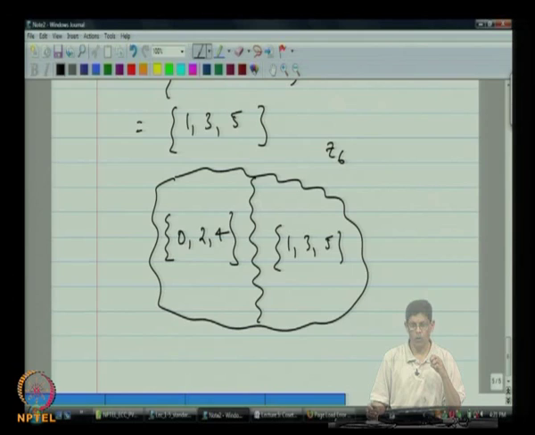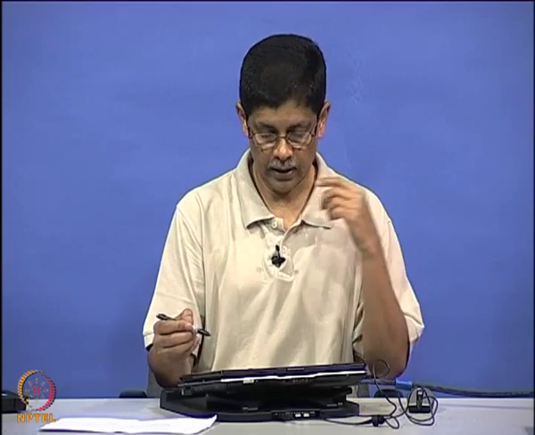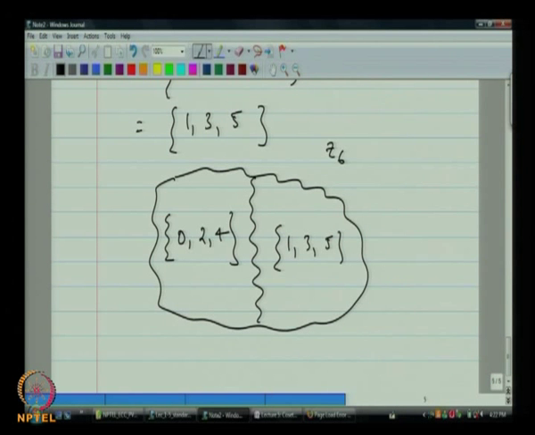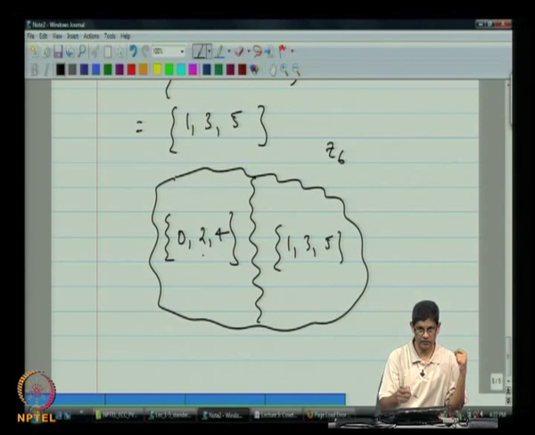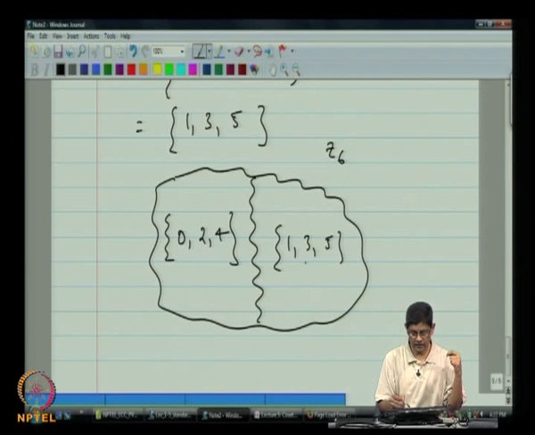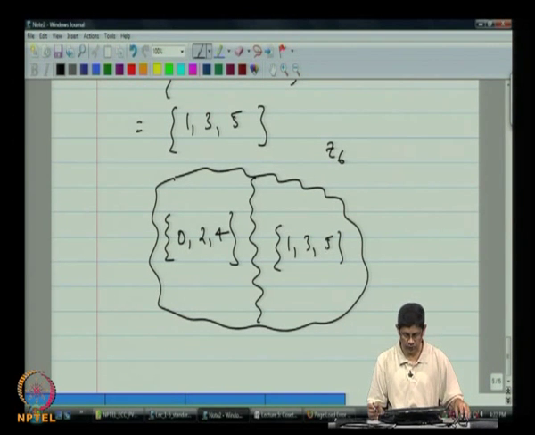Why are there no more? Because if there was a further equivalence class, it must contain some element of Z6, which means that it either contains an element in {0, 2, 4} or {1, 3, 5}. But either way, if it contains 0, then it coincides with the equivalence class of 0. If it contains, let us say 3, then it must coincide with the equivalence class of 3. So these are the only two equivalence classes.